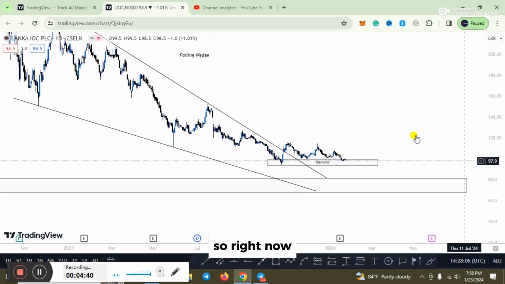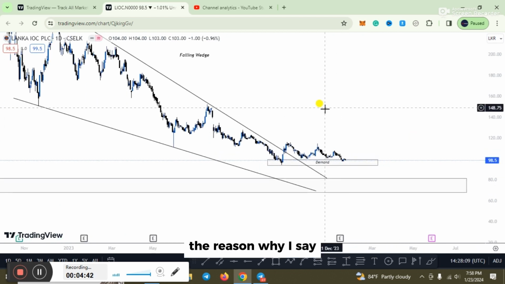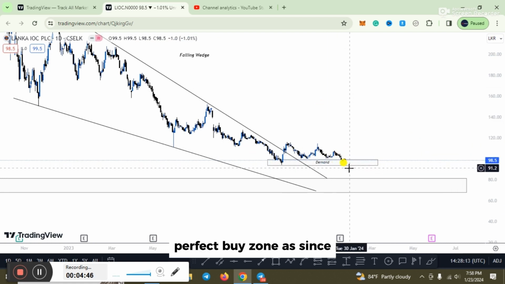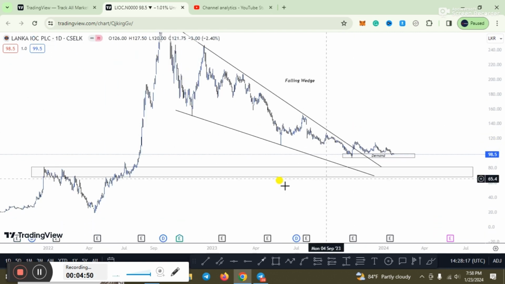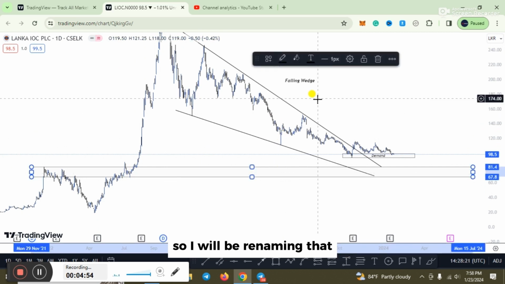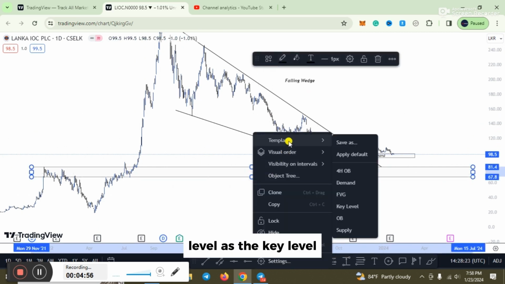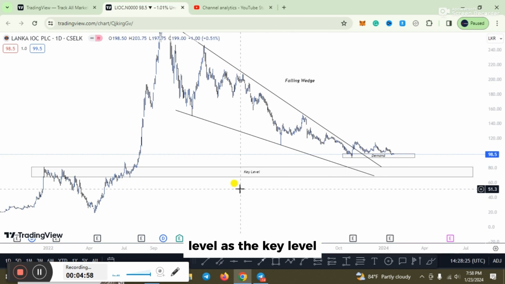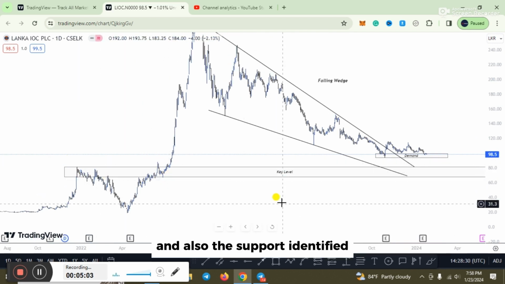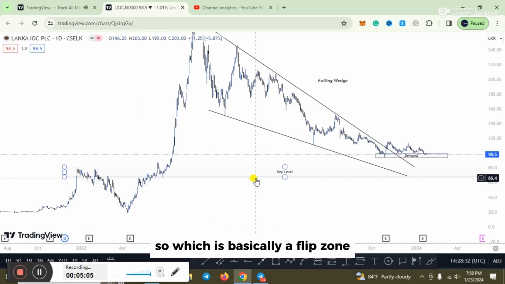The reason why I say that this is not a perfect buy zone is that we have the major support identified and also the key level, so I will be renaming that level as the key level. Key level means that we have the resistance and also the support identified, which is basically a flip zone.